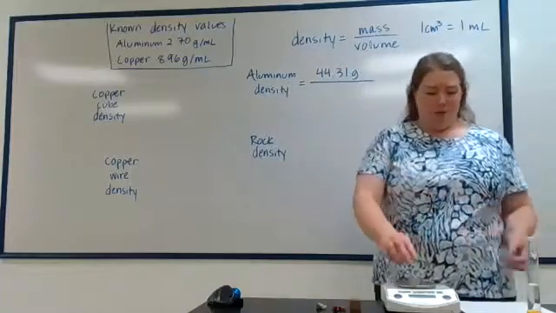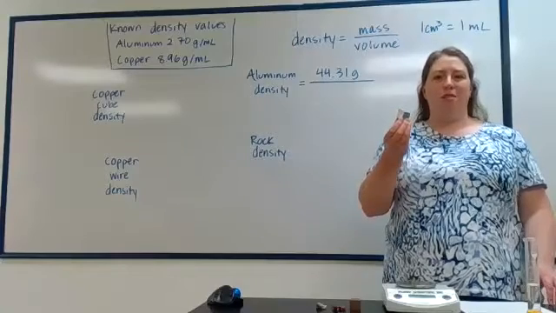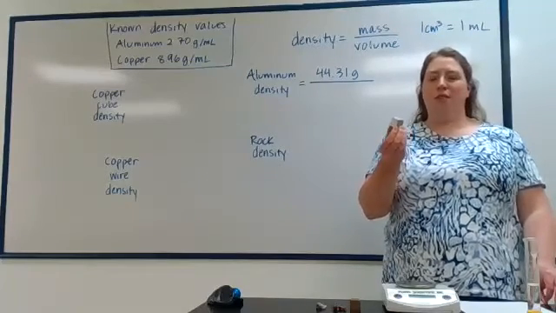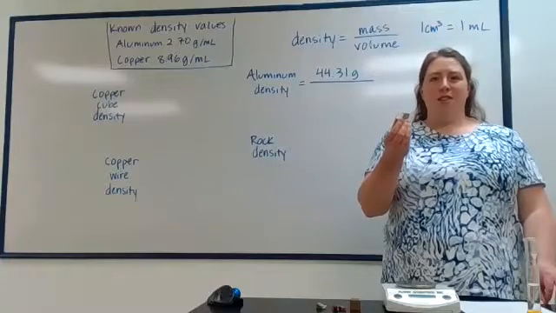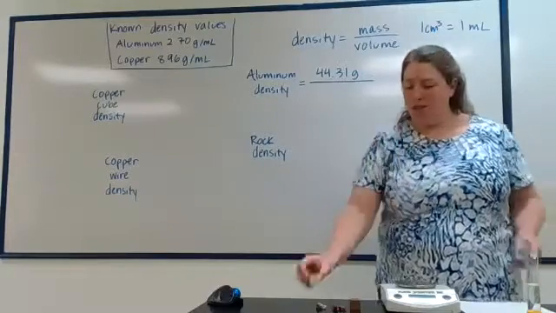And now to find its volume, this is a cube. Each side is the same length. You might remember from geometry class, length times width times height to find the volume. For this object, it's 1 inch on each side, or 2.54 centimeters.